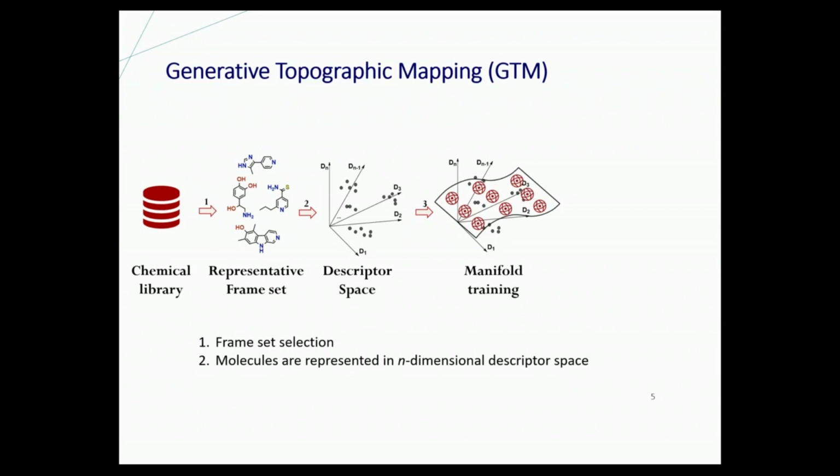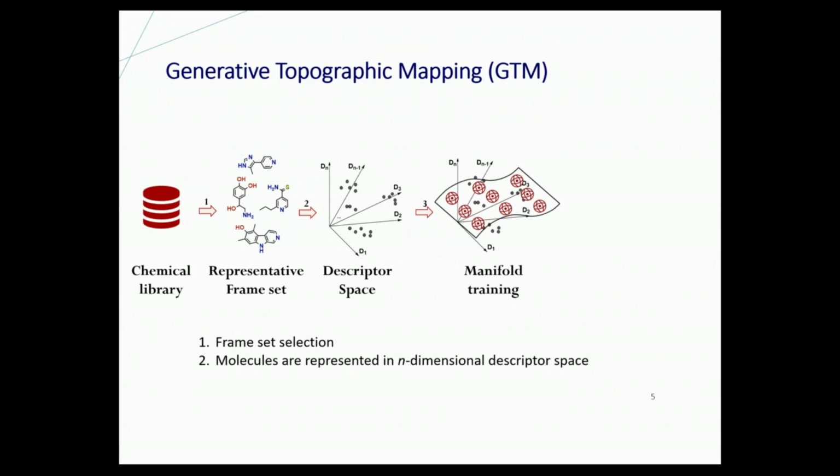So the molecules that serve as frame set are not necessarily the bioactive molecules we want to analyze, but they should populate the same chemical space area, because if you establish a map of Sydney, you will have a big problem to place the Liberty statue from New York in there. So it's just good old common sense.